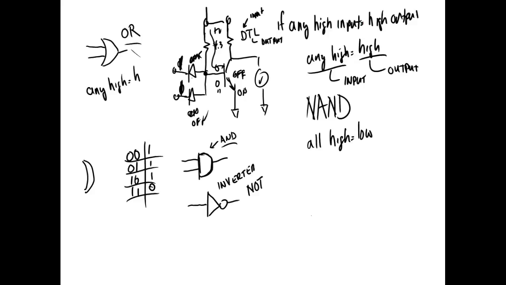Or we can abbreviate it and say any high equals high, which is the best way to do it. Are you okay? Yes or no? So what would I say about this guy? Well, I'd say all inputs have to be high to equal a high output.